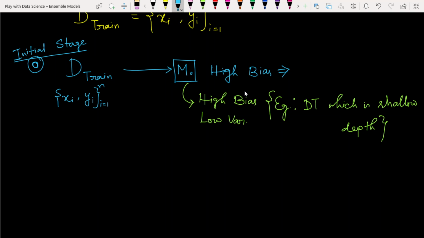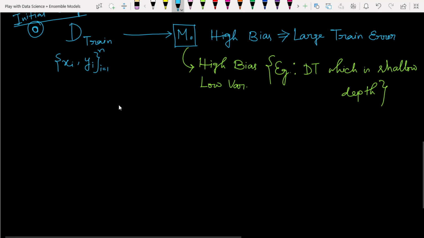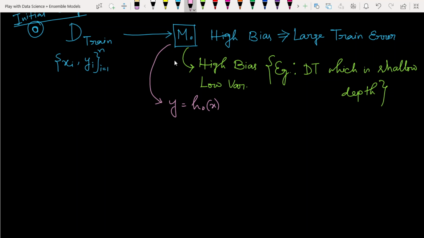If we build a model with a bias term, the training error of this model is high. Suppose the model m0 looks like this, with the function y equals h naught of x. This is the simple mathematical formulation of model m0.